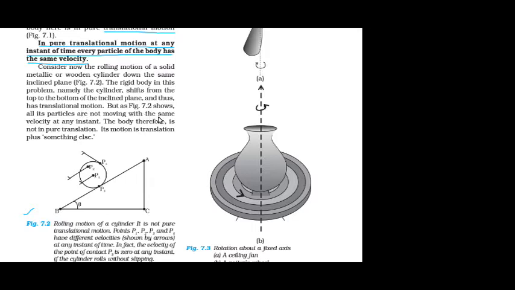But figure 7.2 shows that all its particles are not moving with the same velocity at any instant. The body therefore is not in pure translation. Its motion is translational plus something else.